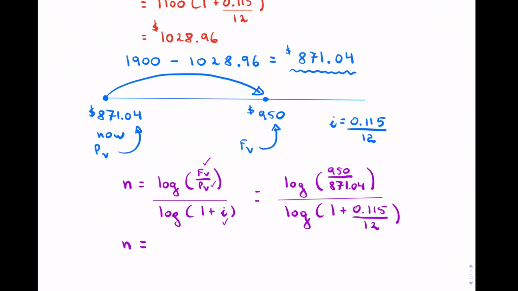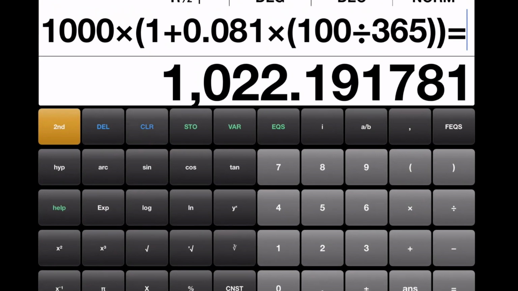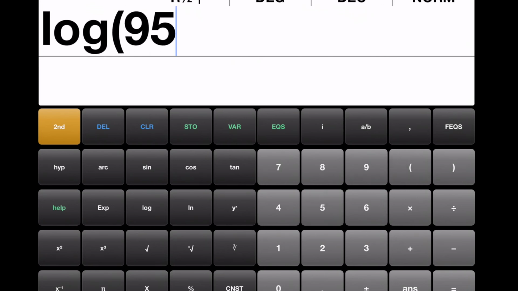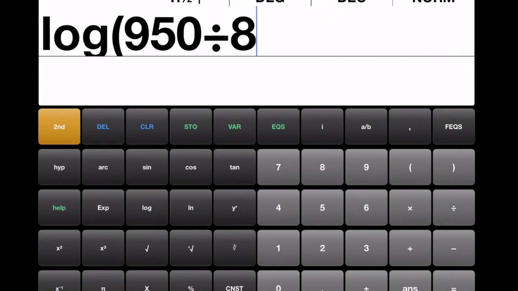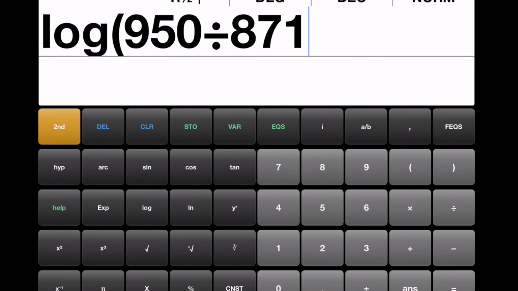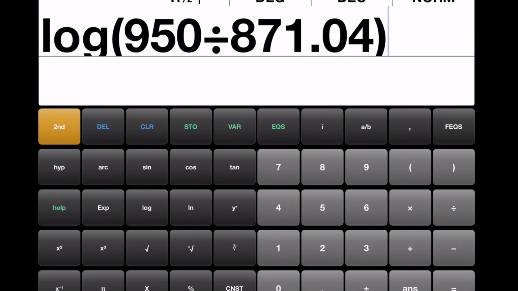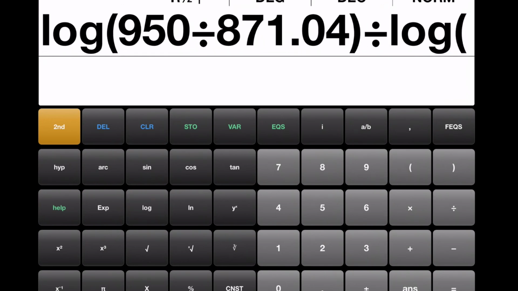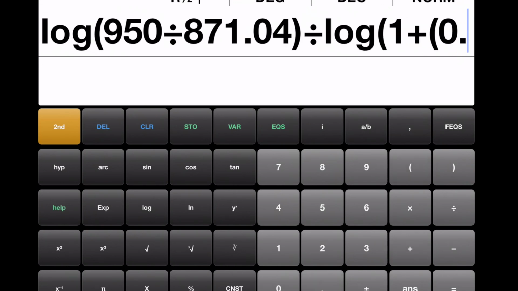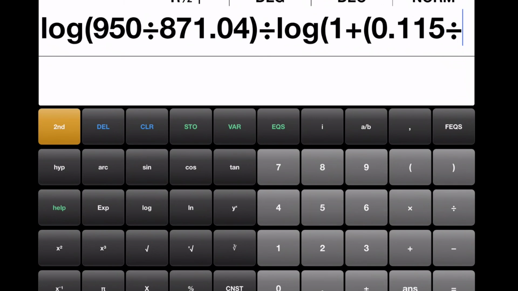I can punch all of this in so that you can see it: log of 950 divided by 871.04, divided by log of 1 plus 0.115 divided by 12.